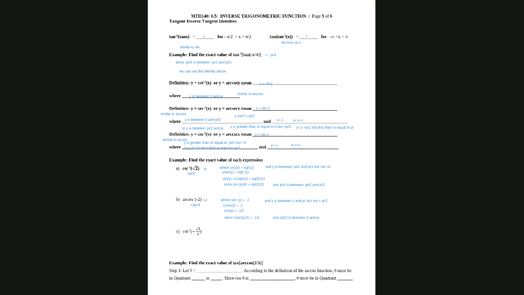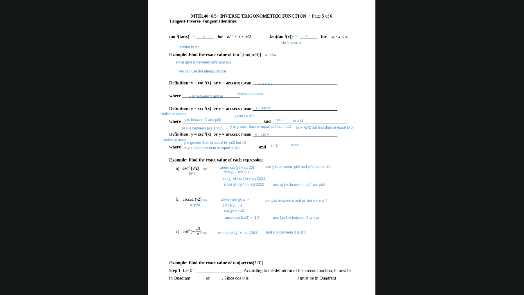Next, we're going to take a look at finding the inverse cotangent of negative square root 3 over 3. So I'm going to say this is equal to y, where cotangent of y is equal to negative square root of 3 over 3, and y is between 0 and pi.